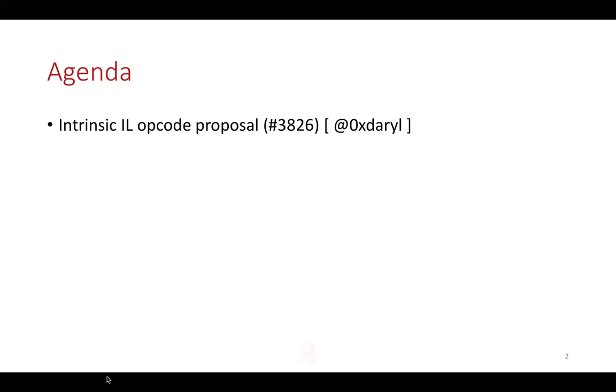What happens if you have an intrinsic operation that all of a sudden you want to turn into a fully fledged opcode? If we go down the path of turning this into an intrinsic first, does it make it harder to turn it into a fully fledged opcode going forward?